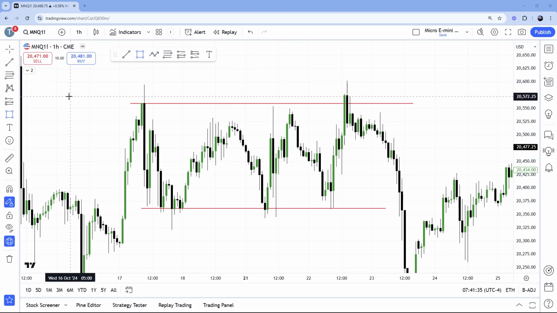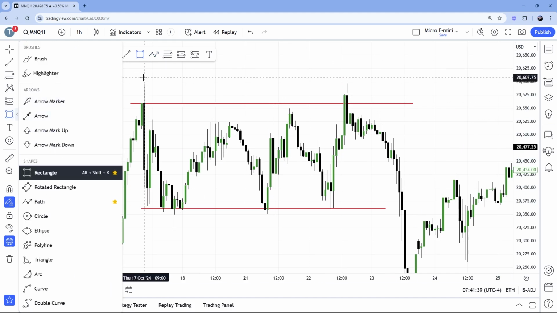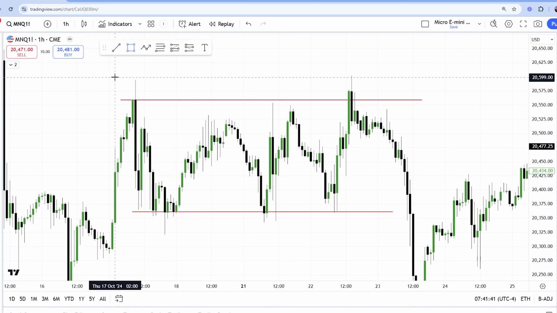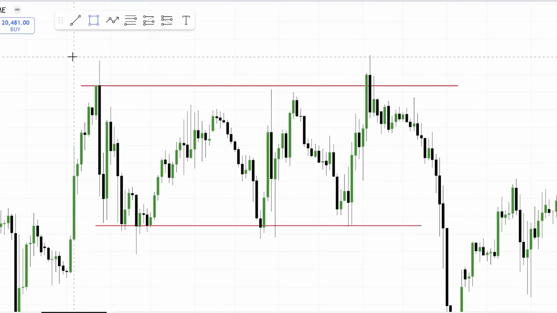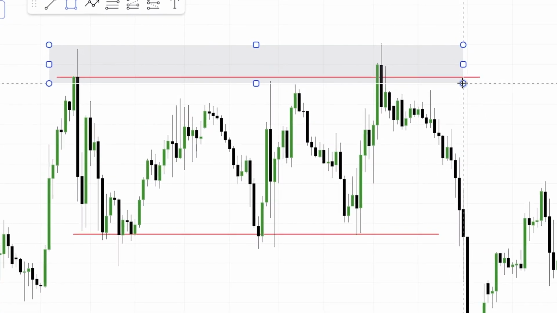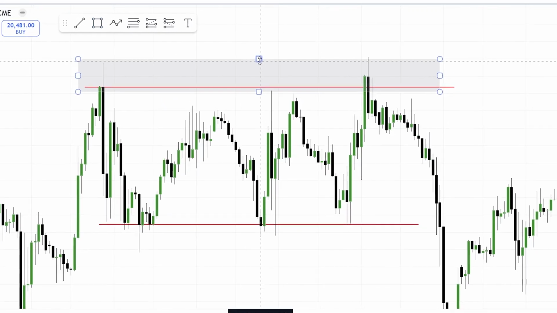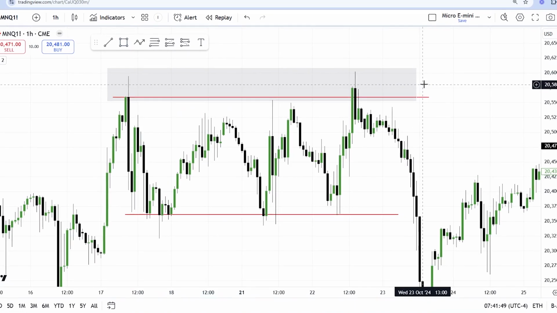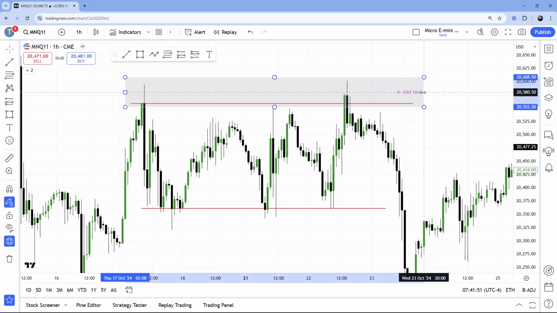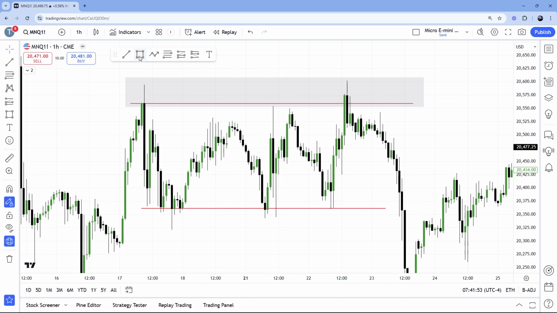So as mentioned, these support and resistance lines are zones. So if you take the box rectangle tool, when you draw a support resistance line, you have to give some allowance for the price to go up or down. So we call this a support and resistance zone. You will see in future lessons, we will use them for trade decisions.